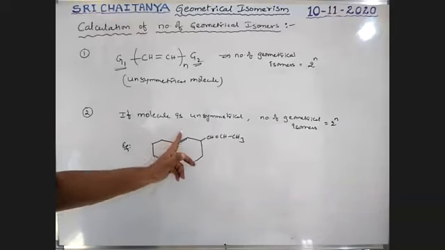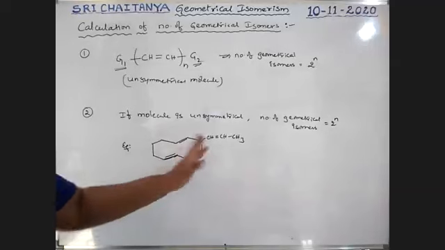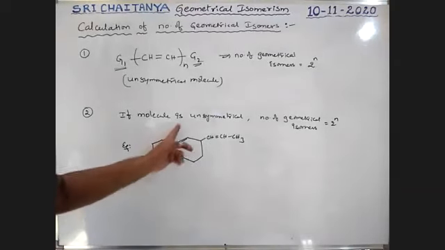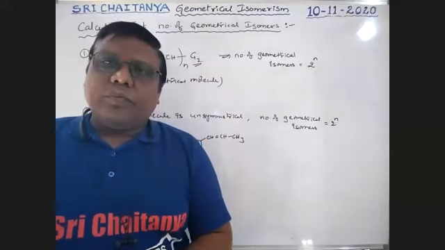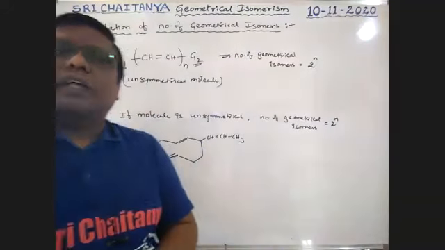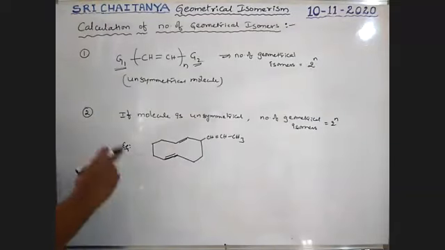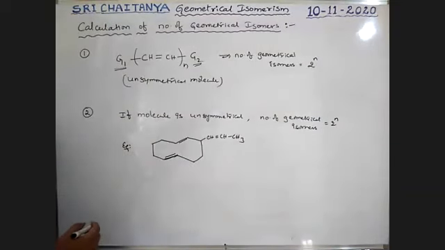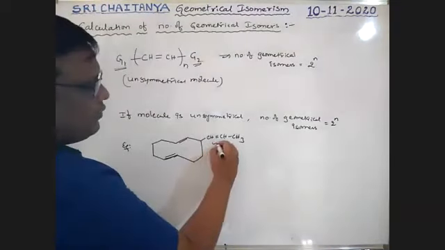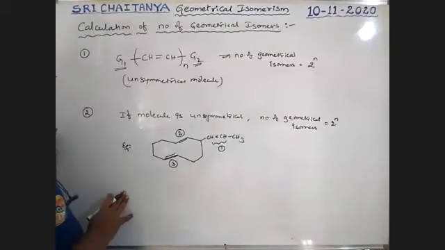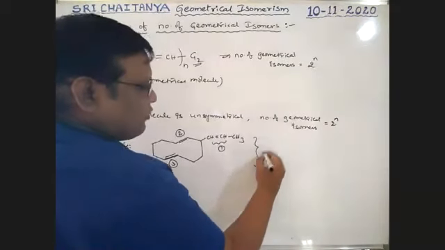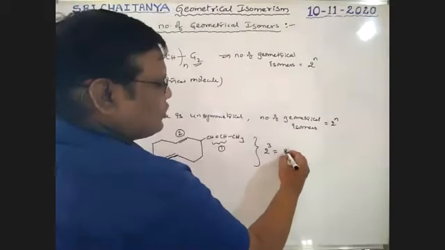If you cut at a double bonded position, wherever, unequal parts are coming out. If you cut here, here, or here, equal parts are not coming out. That's why it is an unsymmetrical molecule, boys. See here, this is one double bond, this is the second double bond, this is the third double bond. Therefore, number of geometrical isomers is equal to 2 power 3, which is 8 in answer.